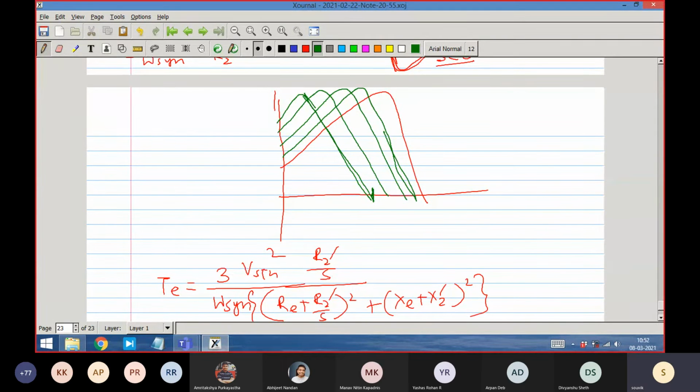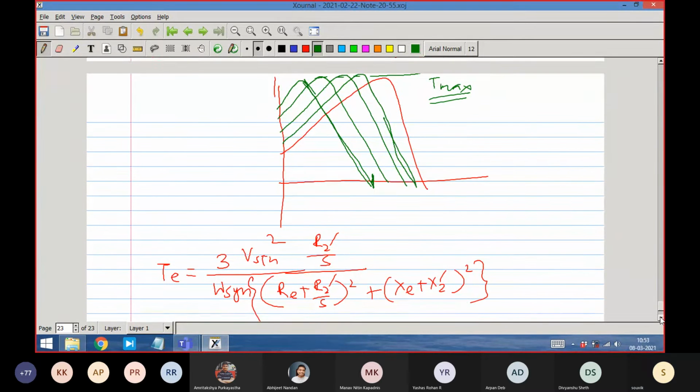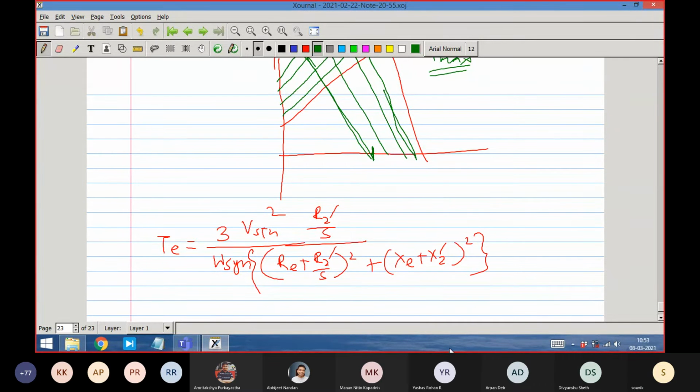Right. In all the cases, the maximum torque is constant. Tmax is constant. Why is this the reason? What was the expression of Tmax? Do you remember the expression of Tmax?